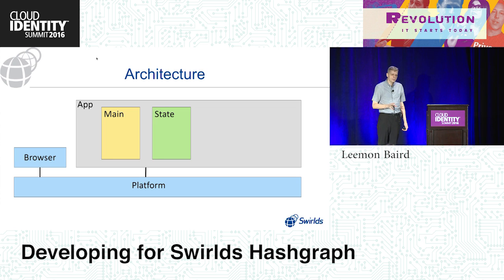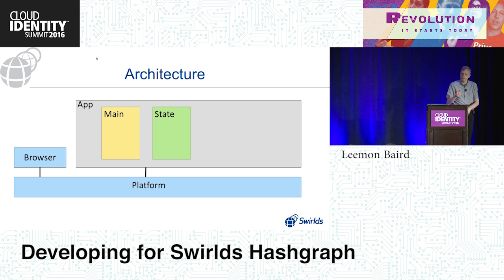When you write an app for Swirlds for this platform, you write it in Java, and it will run in a sandbox to protect the user's computer from malicious stuff you might do. And in Java, you need to write two classes that are important. You can write lots of other classes too if you want to, just good software engineering. But there's two that the platform cares about and will talk to.